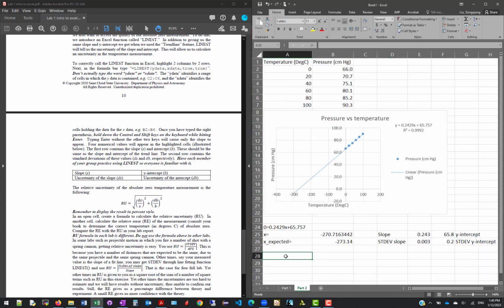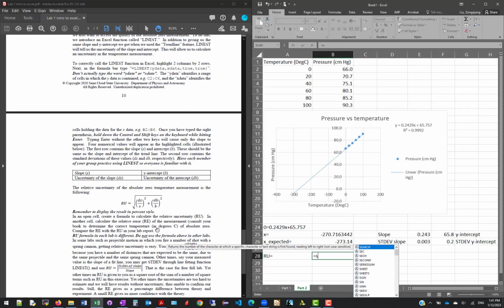So let's go ahead and do RU equals, and that's just for the readers. So we'll start with equal sign, and there's a square root. We can certainly use square root, or we'll just use the power of 1/2. So ds is the uncertainty of the slope. I start parenthesis, uncertainty of slope, and divided by s, slope, there.